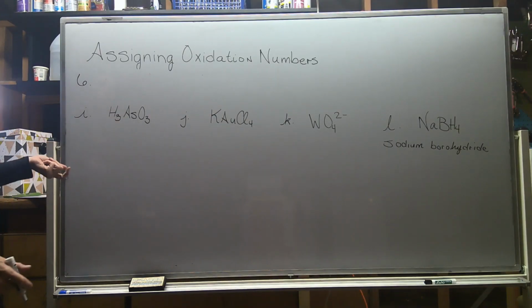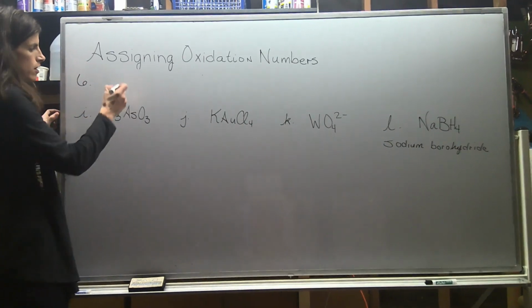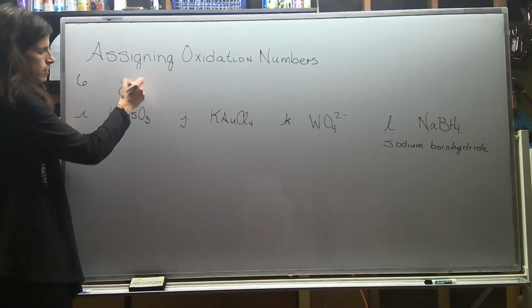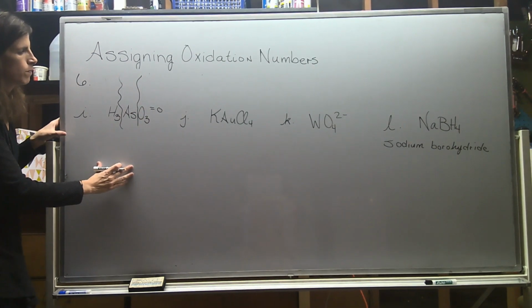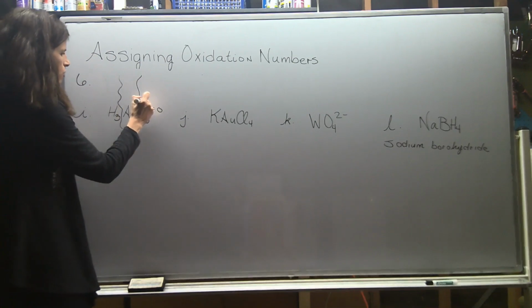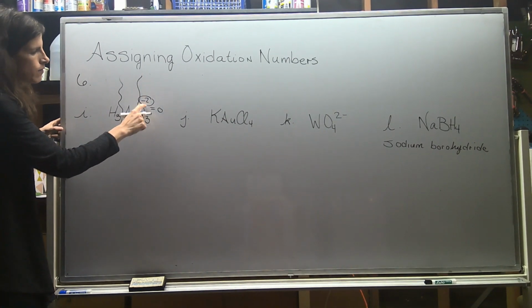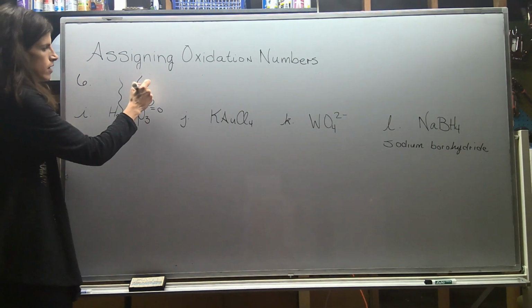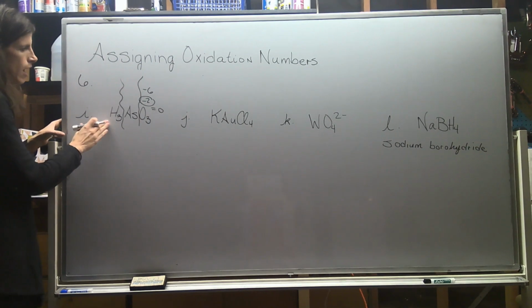Alrighty, so how do you assign an oxidation number when you have 3 atoms in the molecule? So I just like to split it into 3 parts. This is neutral, so it's going to be a 0. Oxygen, I'm still good with the -2 because it's in a compound. -2 times 3 gives me -6. After that, it's between hydrogen or arsenic.